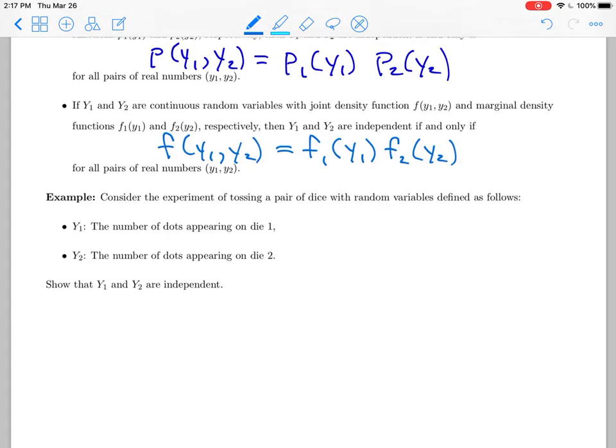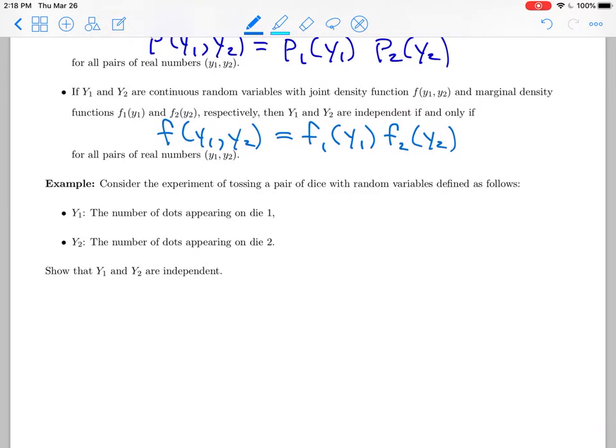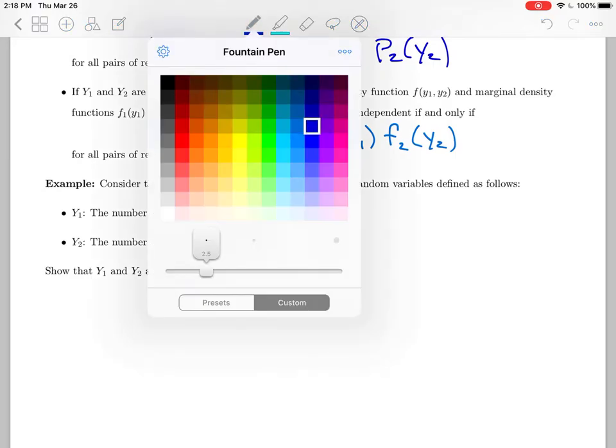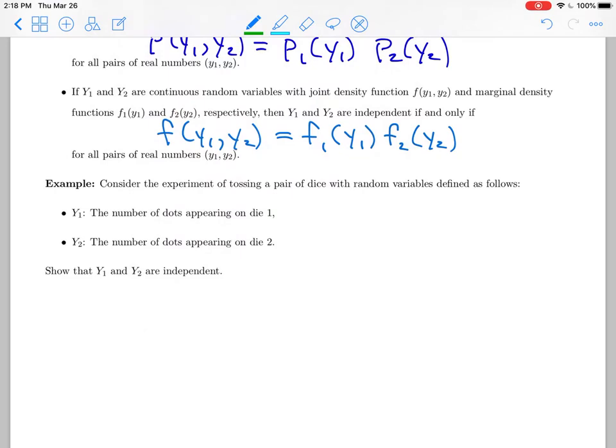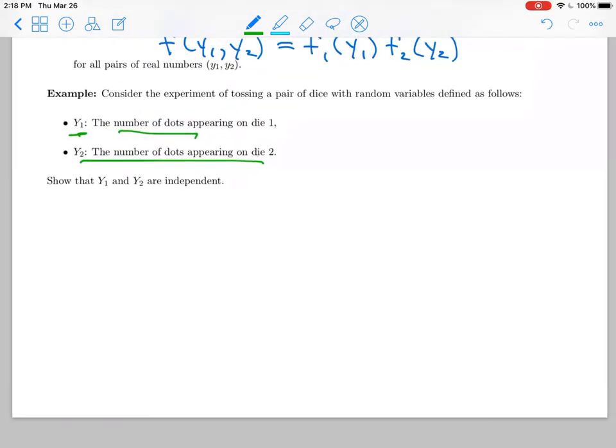All right, so let's take a look at one example in this video, and then we'll follow it up with some other examples in some following videos. So here we're going to take a look at a discrete example. Consider the experiment of tossing a pair of dice with random variables defined as follows. Y1 is the number of dots appearing on die 1, and Y2 is the number of dots appearing on die 2.